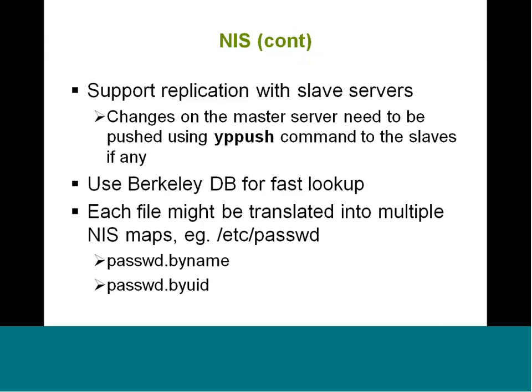Each file might be translated into multiple network information system maps. This is using /etc/passwd, so you can have password by name, password by user ID, things like that. So various forms of authentication information can be provided.